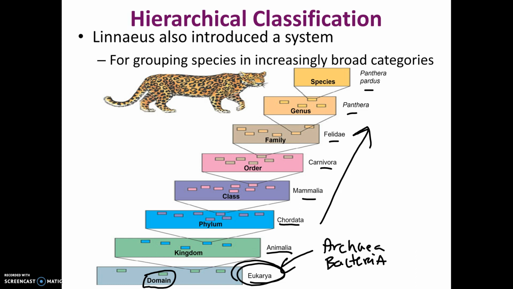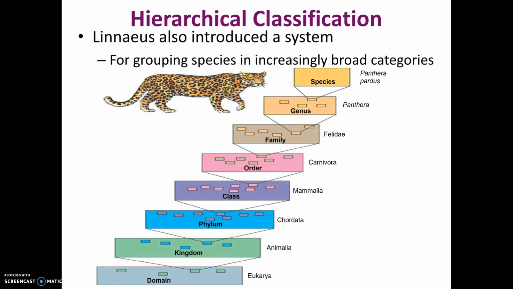In order for two organisms to be considered the same species, and we're going to talk about this when we talk about evolution next week, they have to live together and be able to mate and make fertile offspring together. If they can do that, then they're considered the same species. So, for example, the Felis concolor, the panther, and the Felis domesticus, the house cat, would not be considered the same species because, at least in nature, they don't mate with one another and make fertile offspring.